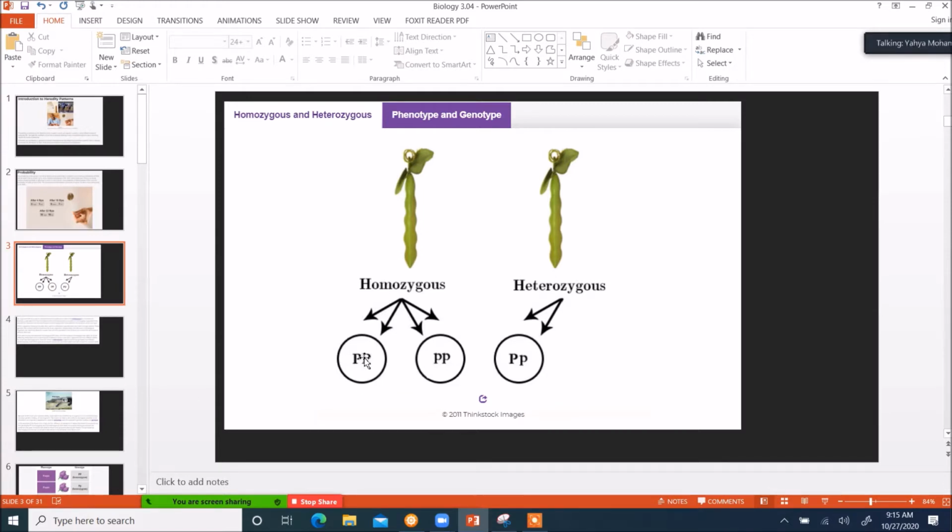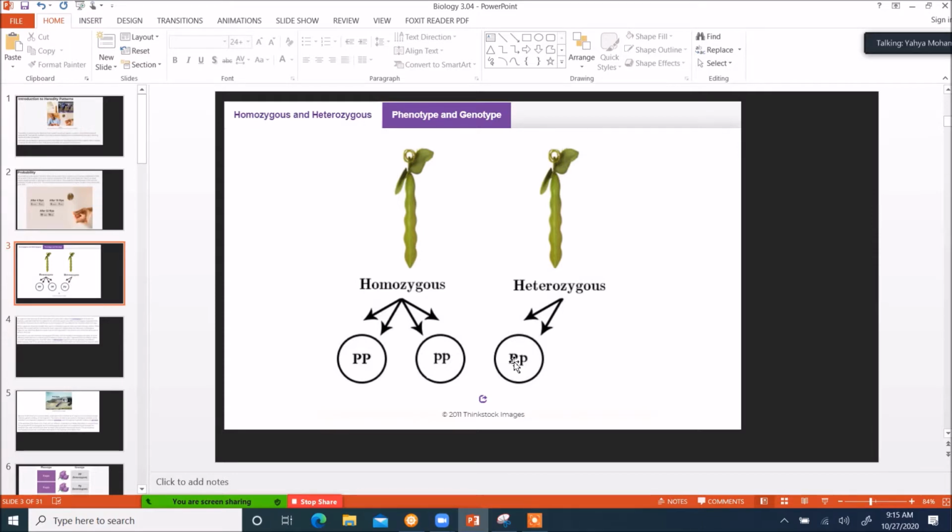You notice in each of these circles in the first part, let's say capital P stands for a certain allele, and lowercase p stands for a certain allele. Homozygous would mean both alleles are the same type, like capital P or lowercase p. But what if the alleles were different? From the mother, the plant got one kind of allele, but from the father, a different kind of allele.